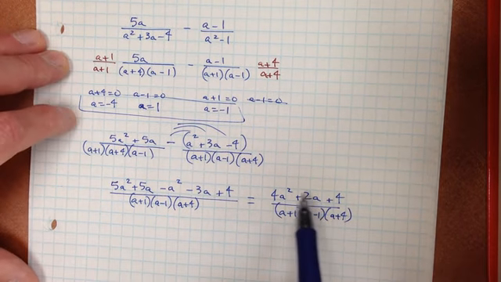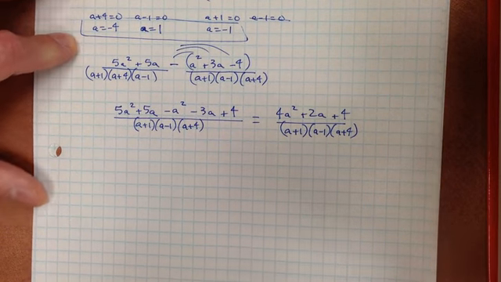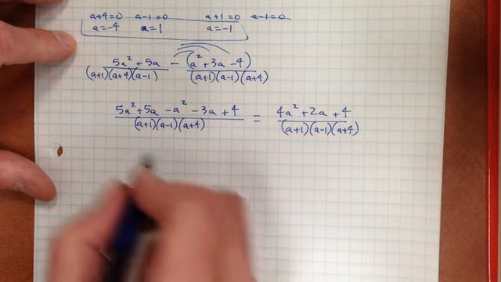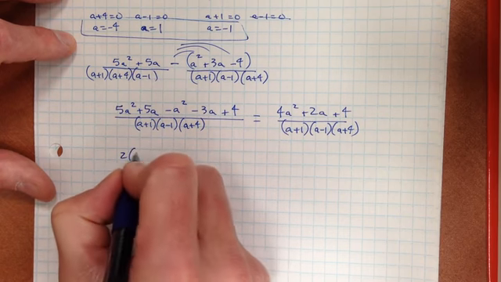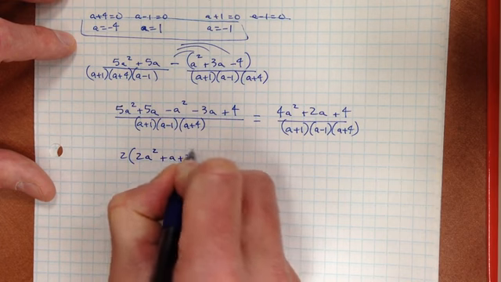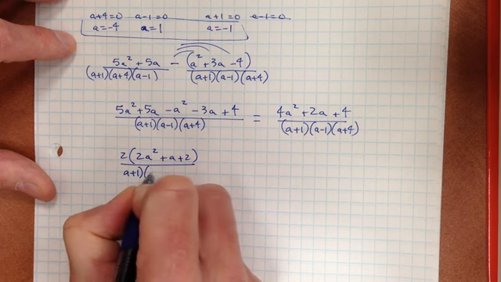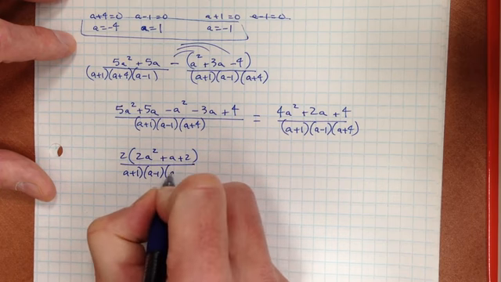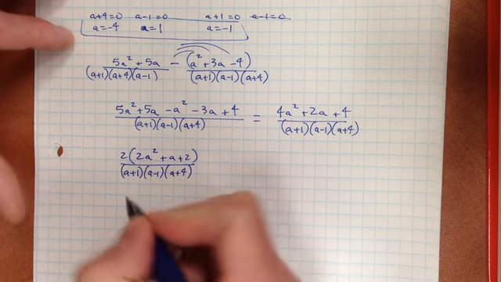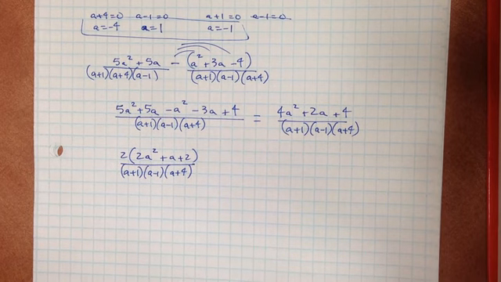Now we're going to look to factor this once everything is combined and see if we can cancel anything up top with anything on the bottom. So I will factor a 2 out of the top, leaving me with 2 times 2a squared plus a plus 2 all over. Now looking at this, it does not factor any further.